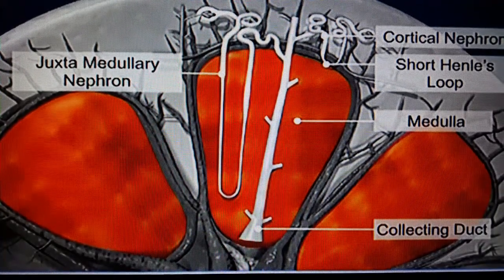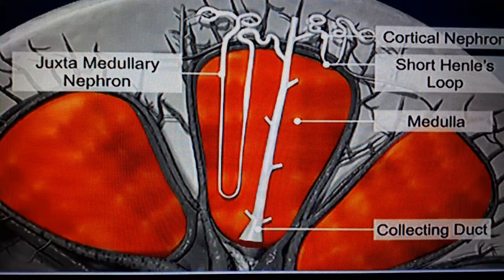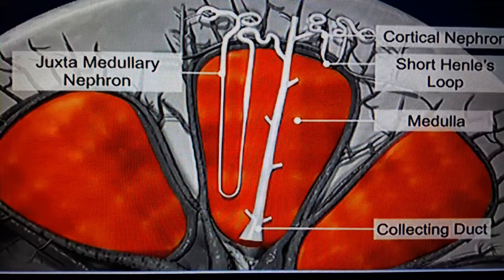Next, glomerulus: endothelium, the lining of capillaries. Endothelium always makes the lining of capillaries.